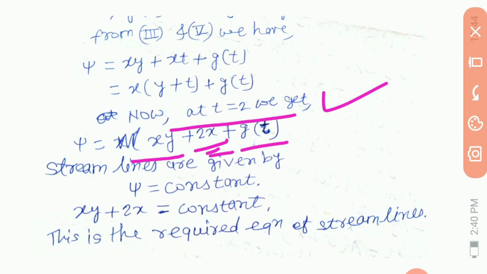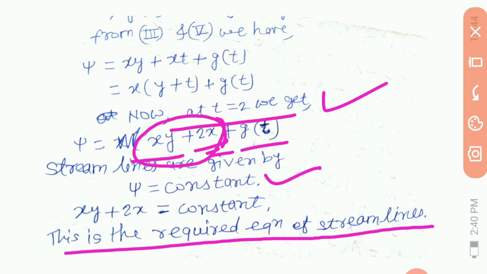Streamlines are given by psi is equal to constant. And therefore xy plus 2x is constant, and this is the required equation of streamline.